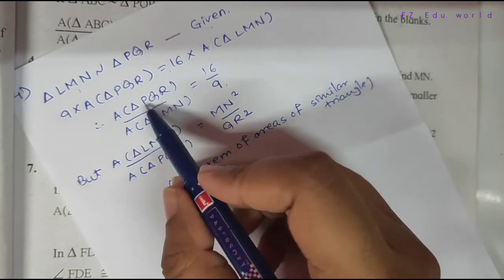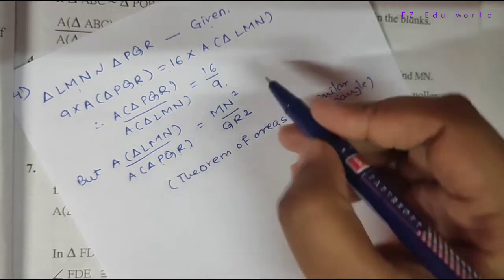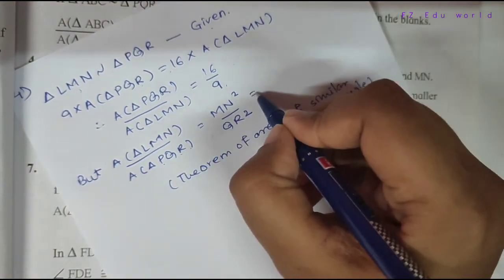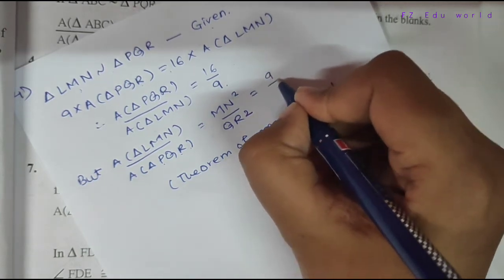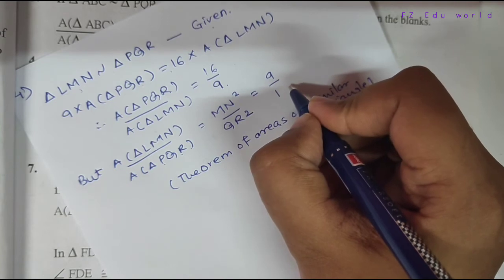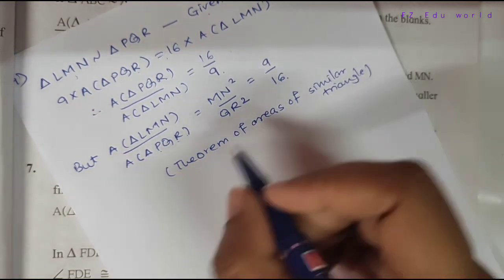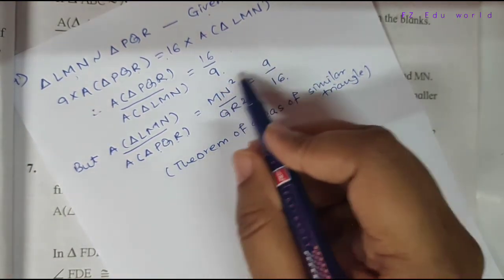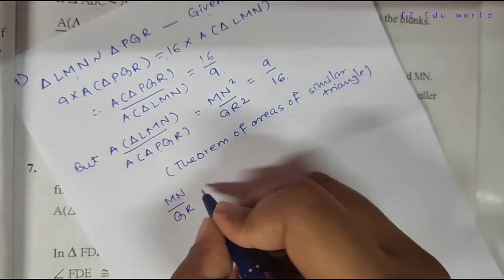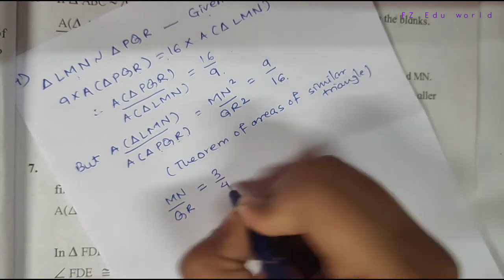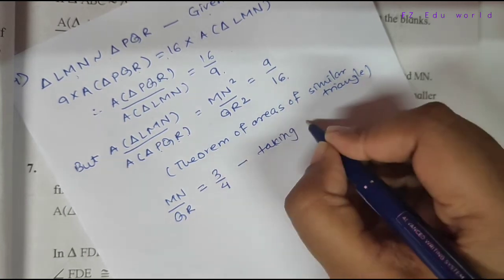Here I have written PQR and here I have written PQR. So I am changing this side. This will be equal to 9 upon 16. Now if we take square roots of both sides, MN upon QR is equal to 3 upon 4.